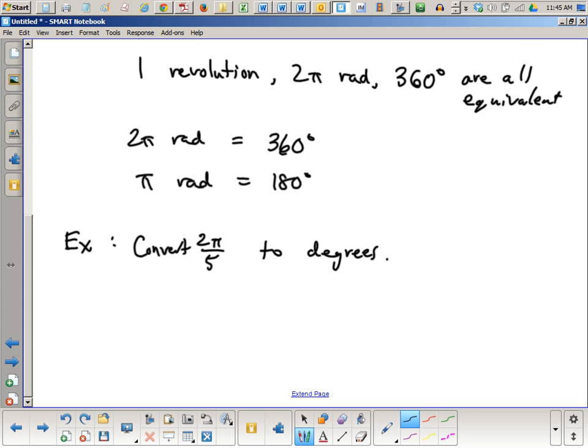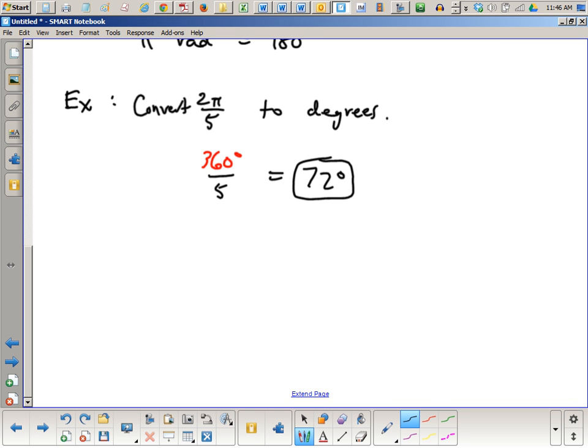If I said, everybody come on, draw a 2 pi over 5 angle, go, ready, go, you got 10 seconds, you might be like, what? Well, it means 360 over 5. That's what it means. So it means a 72 degree angle. So you just grab your protractor and draw it.